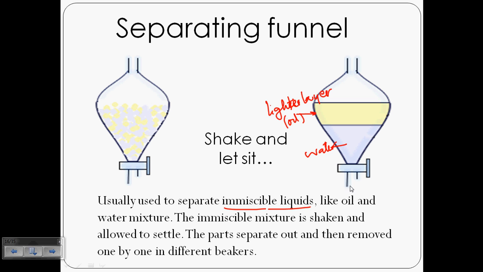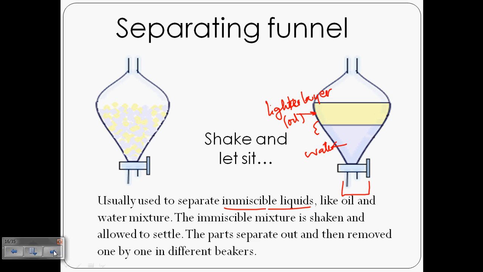And then you put a beaker under it, you open the stopcock and you let it pass, then you close it. You discard a little layer in between. There is mixing in this layer, you don't want mixing, you discard that and put another beaker and separate out your top layer.